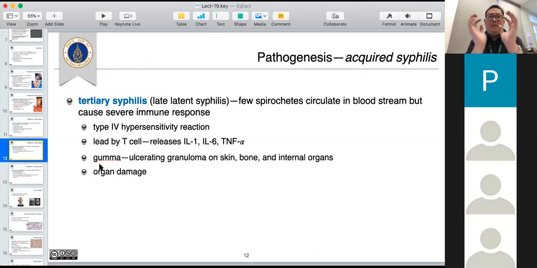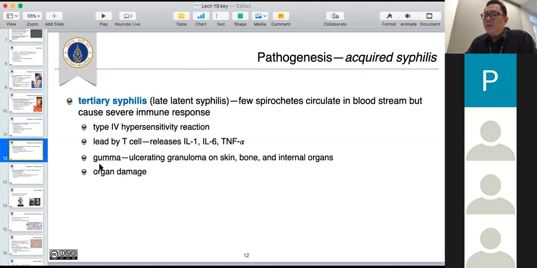The gumma walls the tissue off, the bacteria are enclosed by tons of immune cells, and the inner part of the gumma starts dying by necrosis. Once the cells die, the tissue also dies by necrosis and finally ends up with organ damage. That's tertiary syphilis.